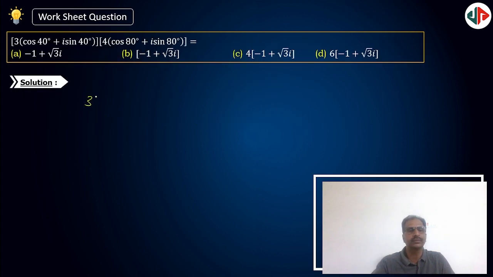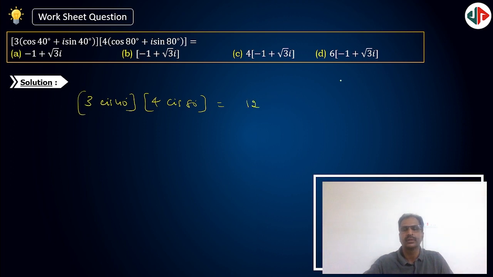Next, 3 into (cos 40 + i sin 40) is 3 cis 40. This is 4 into cis 80. So this is nothing but 12. What is the shortcut formula for cis theta 1 into cis theta 2? Cis of theta 1 plus theta 2.